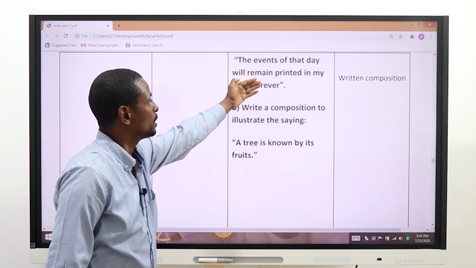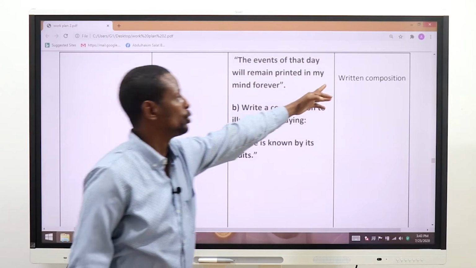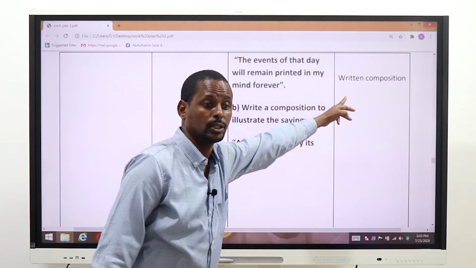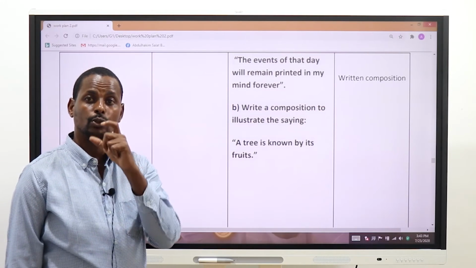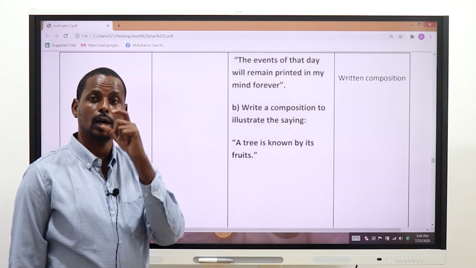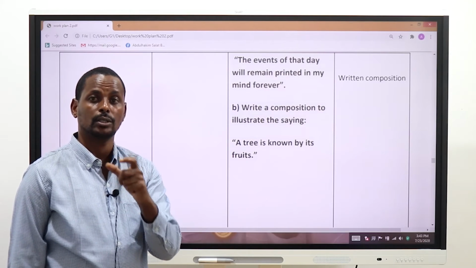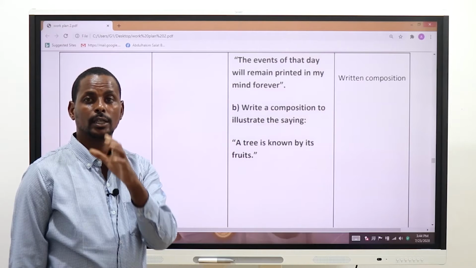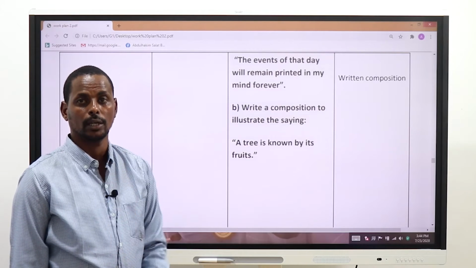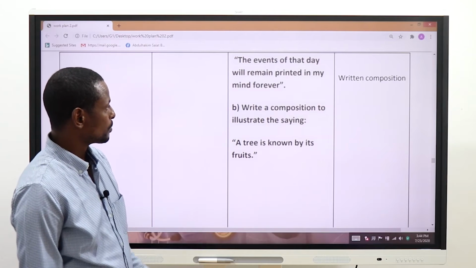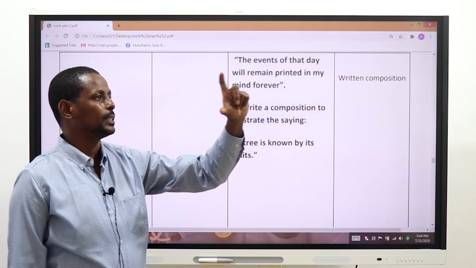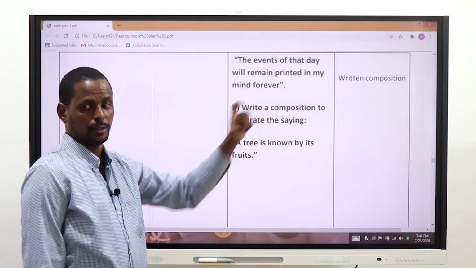How are you evaluating? Since it is a written composition and you're going to check the response of the student, these are some of the things you use to authenticate whether this student has achieved the correct composition writing response. Number one, look at the topic he has chosen.